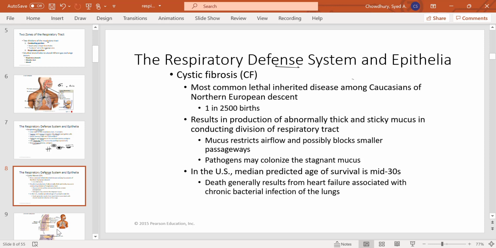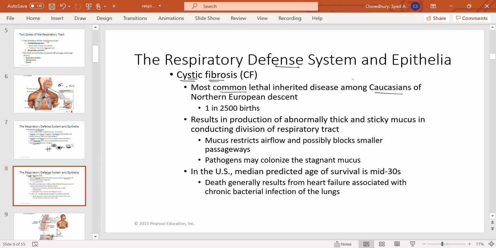Now there is a clinical condition that is called cystic fibrosis. It's a serious genetic disorder that happens more commonly among Caucasians of Northern European descent.